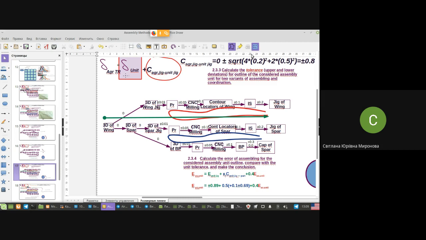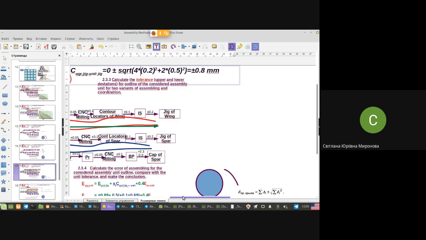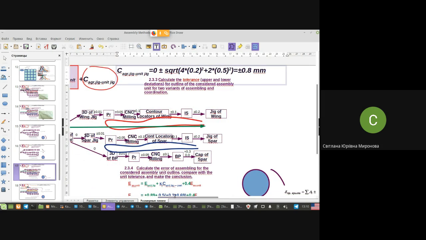Now we need to recalculate the value of the coordination error here. What is the value of the coordination error in this case?